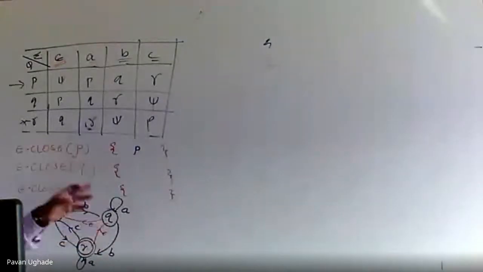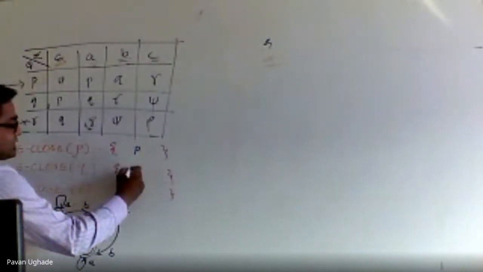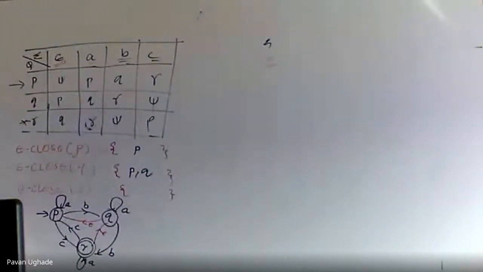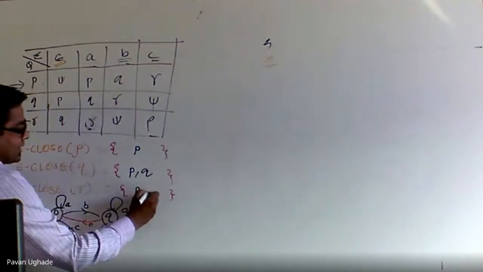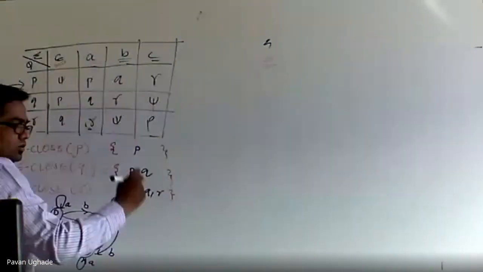In Q, obviously itself will be the first state, and there is one transition over epsilon which is moving towards P. So I will say P and Q. In the same fashion over R, what all things will you get here? From R you are able to reach Q, and from Q you are able to reach P. So I will simply say it is P, Q and R.